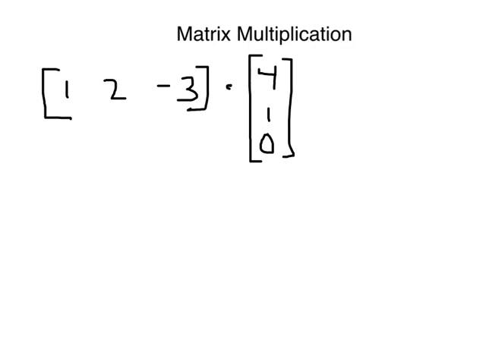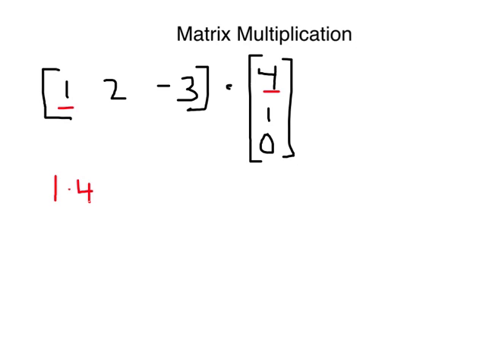So we want to recognize which numbers are in the first position of their matrices. So in this case, I have 1 that's in the first position of the row. The 4 is in the first position of the column. So what we do is we multiply corresponding positions: 1 times 4.